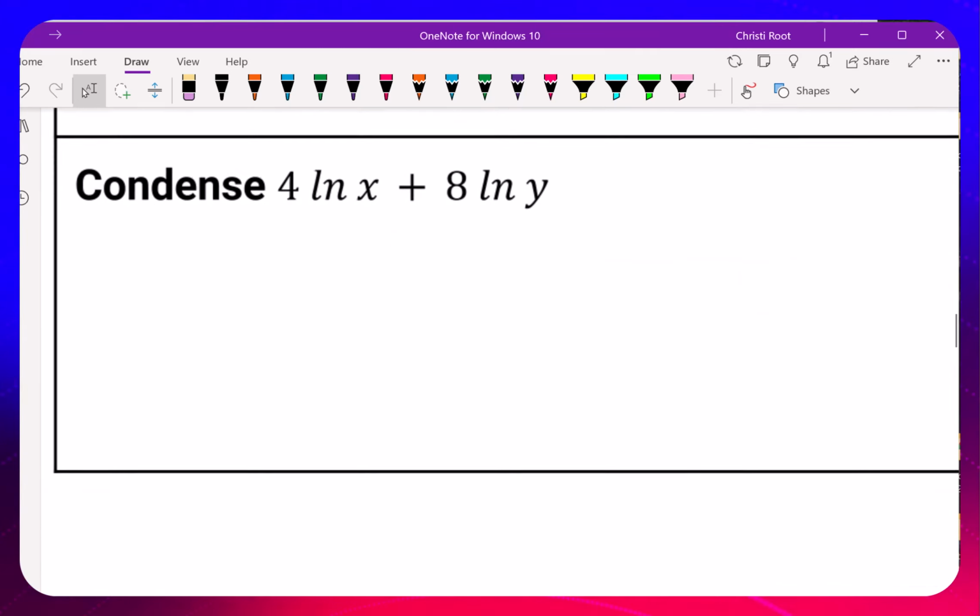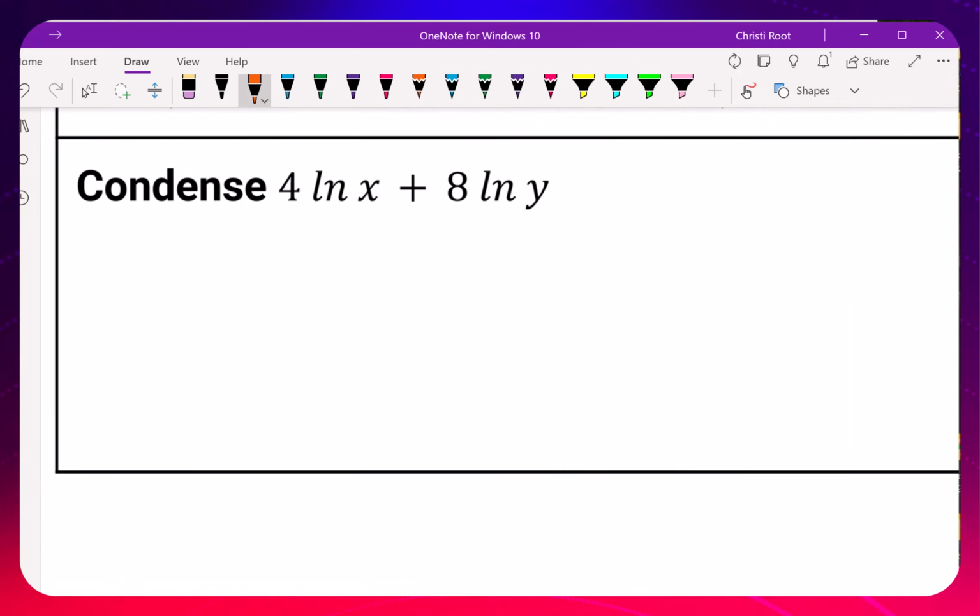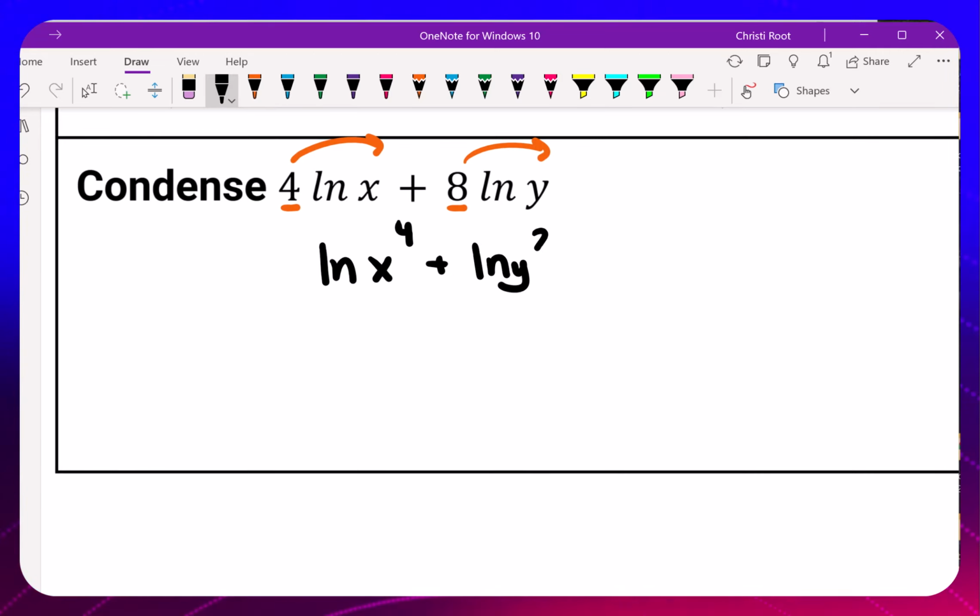So let's look at question number 1. Do we have any properties? Absolutely. I have a power here in the front of both logarithms. So I'm going to go ahead and bring this 4 up to a power and the 8. So now I have natural log of x to the power of 4 and the natural log of y to the power of 8.